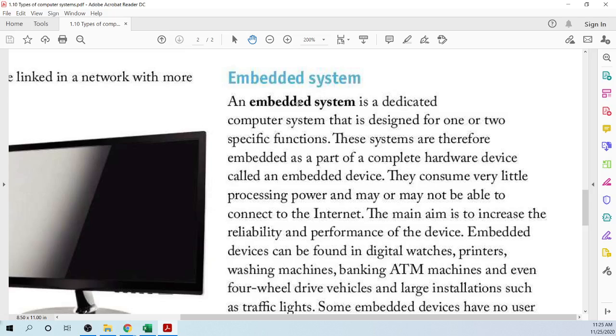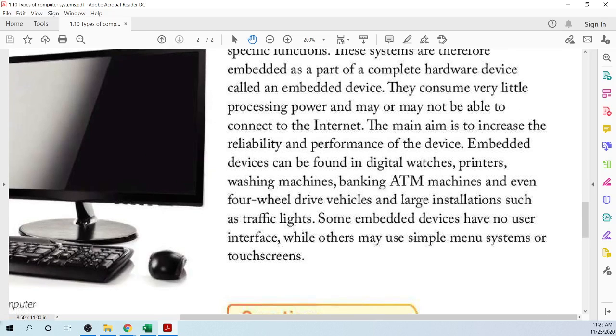The aim is to increase the reliability and performance of the device. Embedded devices can be found in digital watches, printers, washing machines, banking ATM machines, and even four-wheel drive vehicles with smart installations such as traffic lights.